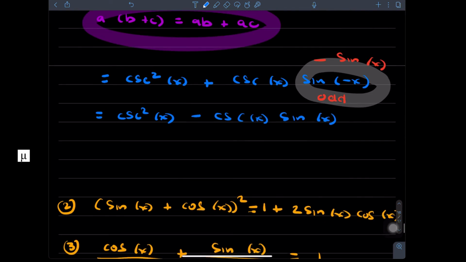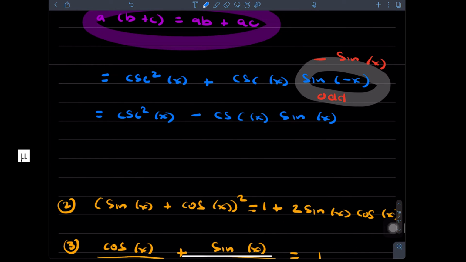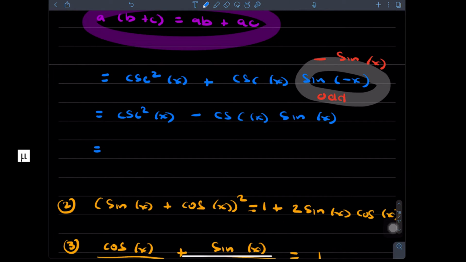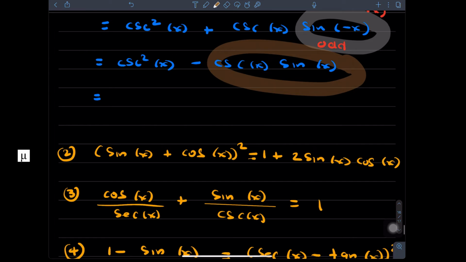All right. Now you say, well, how in the world do I get a cotangent? Well, take a look. Focus on this. Do you guys know what that is? Anybody know what that might be? It's 1. You say, why is that 1?